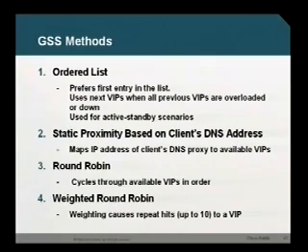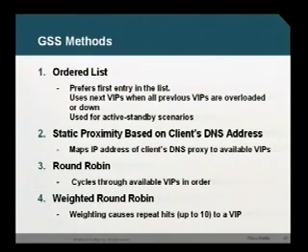We have ordered list. Ordered list basically means I'm going to put multiple IP addresses or multiple VIPs for a particular domain, right? So domain maps to answers. I'll have multiple answers for a particular domain, but service the answer only in the order that has been specified there.